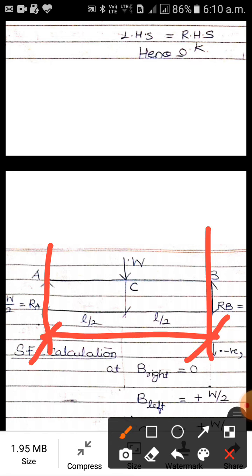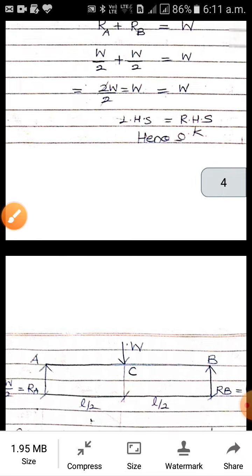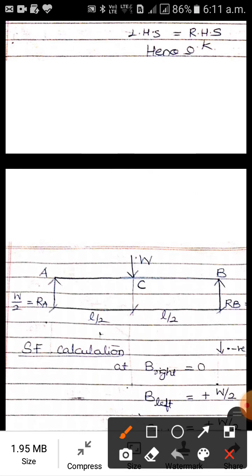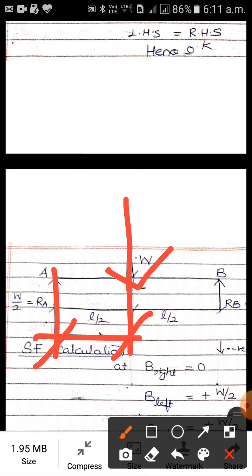It is L by 2 plus L by 2, so total is L. RB is acting upward, so plus RB into L. What is RB? RB equal to W by 2. So W by 2 into L. Then what is the second force? W. What is the distance between W and the point A? So W into L by 2.